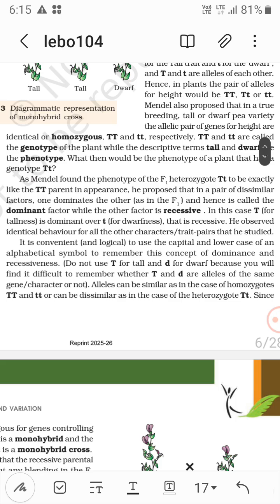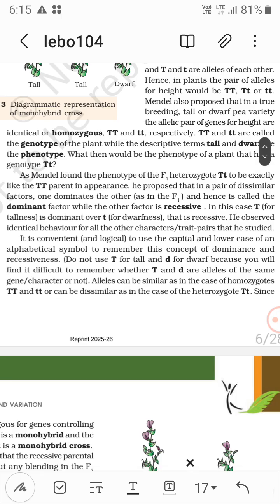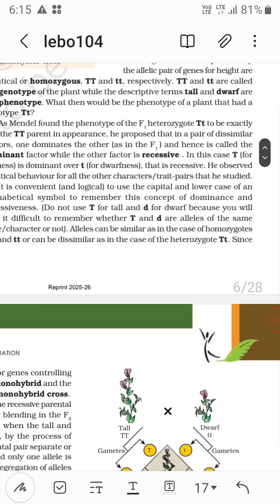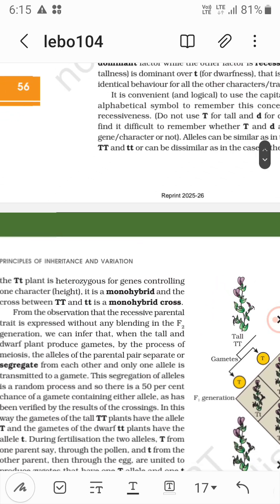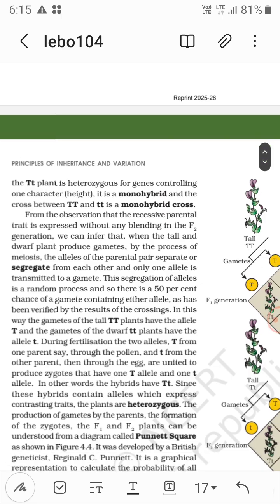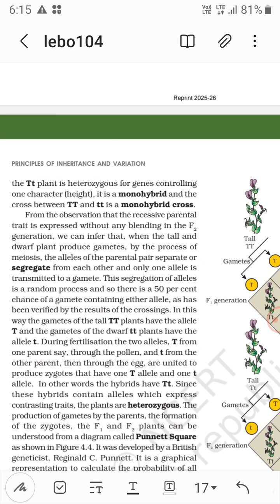Alleles can be similar as in the case of homozygotes, like capital T capital T, and can be dissimilar as in the case of heterozygotes, that is capital T and small t. Since the capital T small t plant is heterozygous for genes controlling one character, height, it is called a monohybrid.